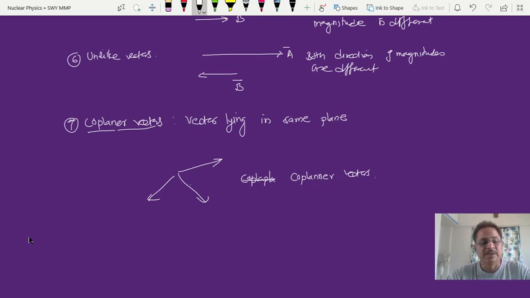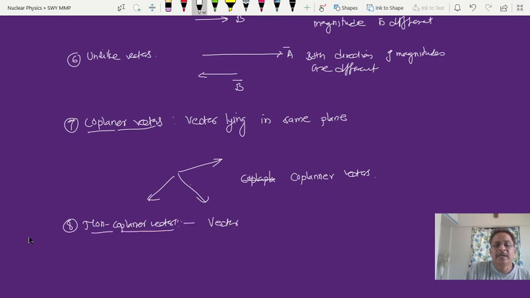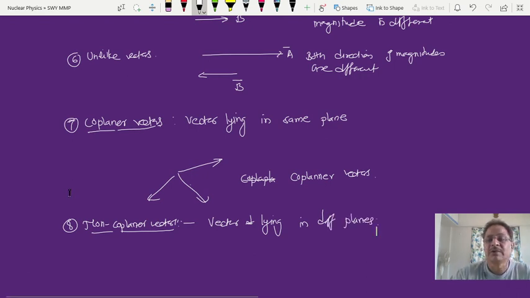And opposite to that, eighth, non-coplanar vectors: vectors lying in different planes. So today we'll stop here as it is 12 o'clock. Tomorrow we'll go further.